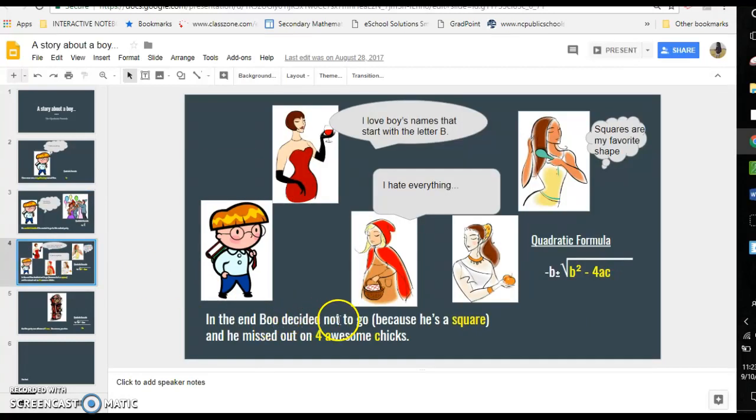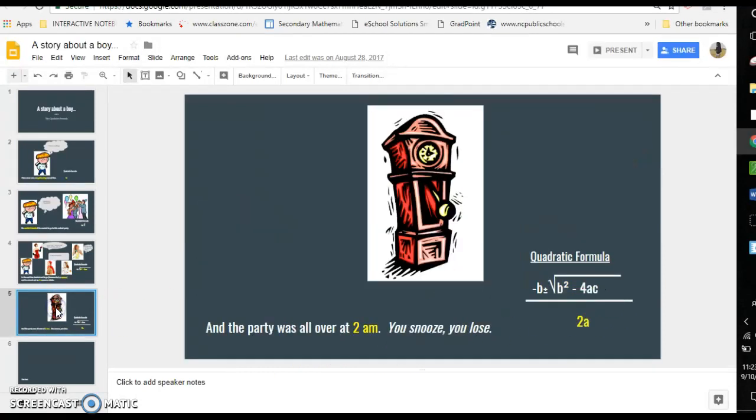In the end, Boo decided not to go because he's a square and he missed out on 4 awesome chicks. And the party was all over at 2 a.m. You snooze, you lose. All right, and here's the whole formula here.